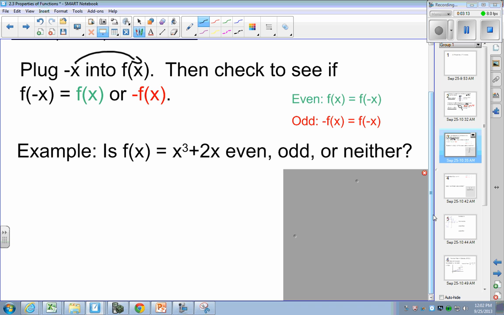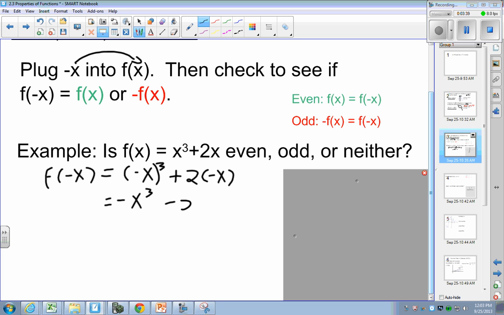First thing we do, put in that negative x to f of x. So when we do that, we'll get that it's equal to negative x cubed plus 2 times negative x. Okay, so we know that anything negative that's cubed will stay negative. So we can write this as negative x cubed minus 2x. We just move that negative in front of that 2. All right, and so that's it.